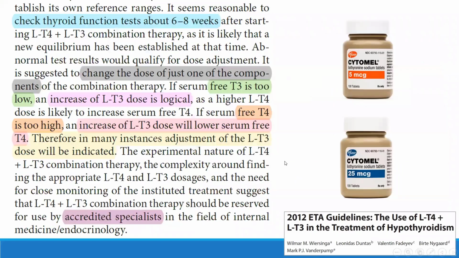And actually in the guidelines, they mention taking thyroid function tests and changing the dose of just one of the components. If the serum free T3 is too low, in this situation you need to increase the dosage of T3. If the patient is on Cytomel 5 micrograms twice a day, we can go to 25 micrograms once or twice a day, or double the dose.